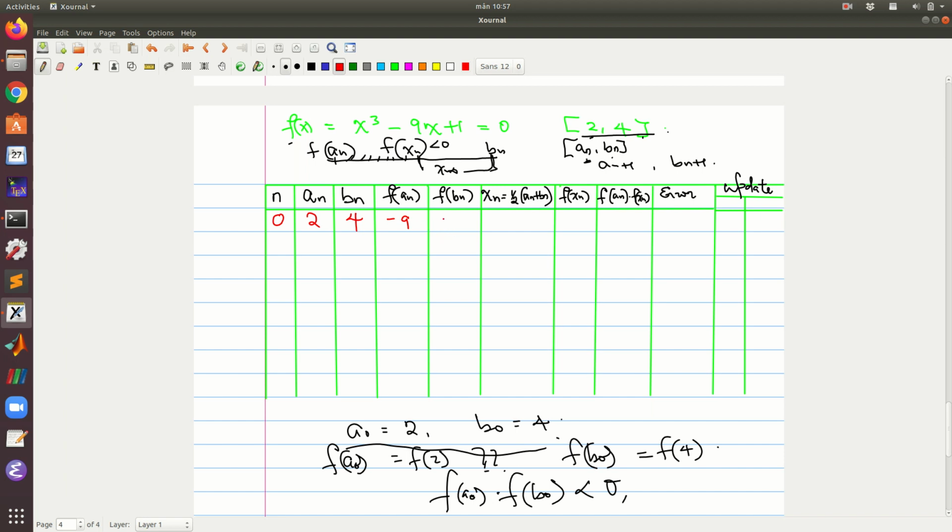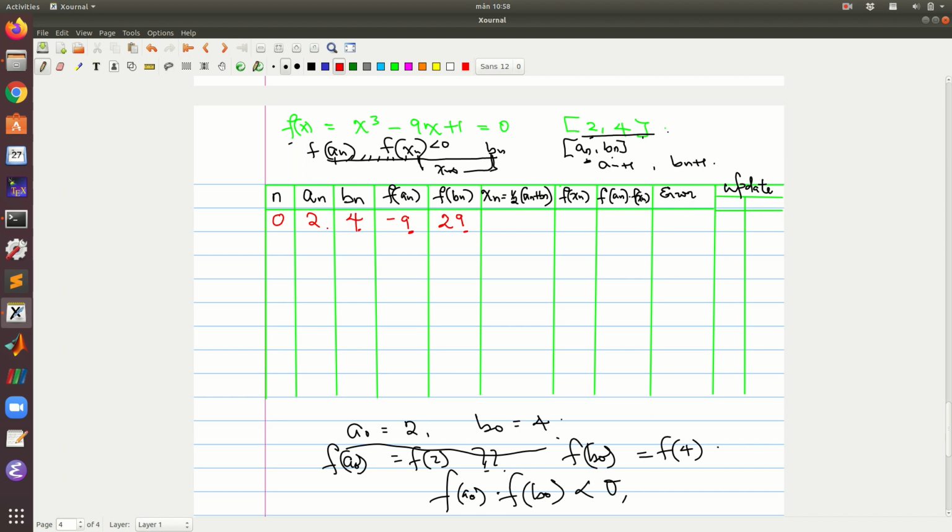And then f of bn, that is f of 4, I computed to be 29. Now we can see that f of an and f of bn are of different signs. This is negative while this is positive.